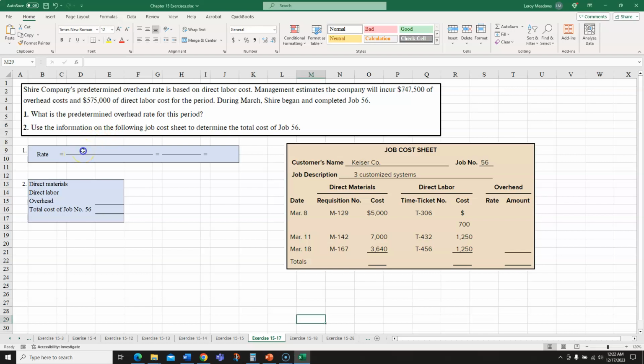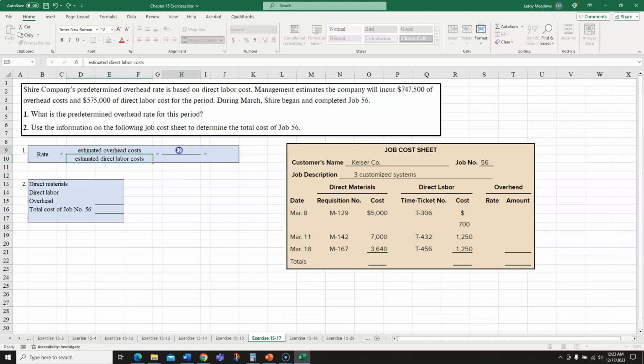So what do we remember about our predetermined allocation rate? It is our estimated overhead costs divided by our estimated allocation base. In this case, it's based on direct labor costs.